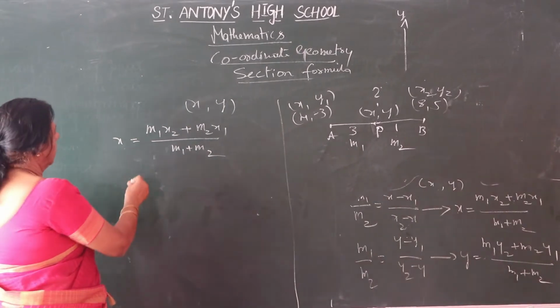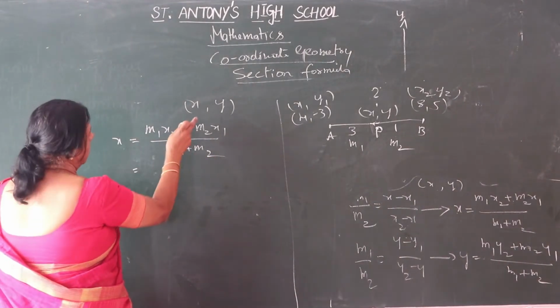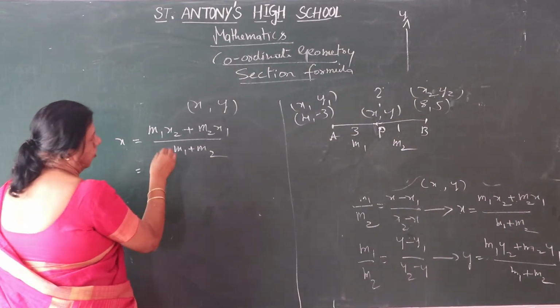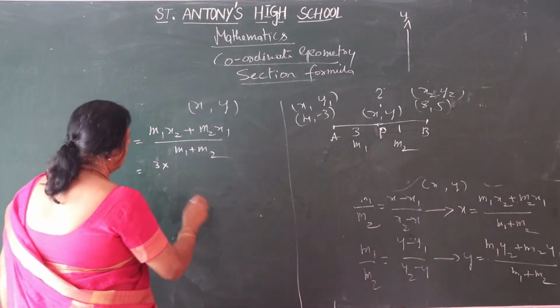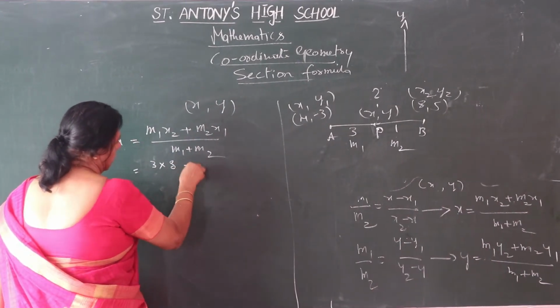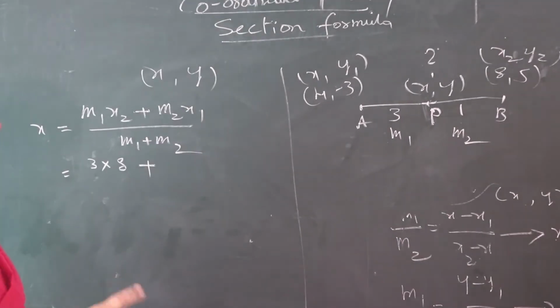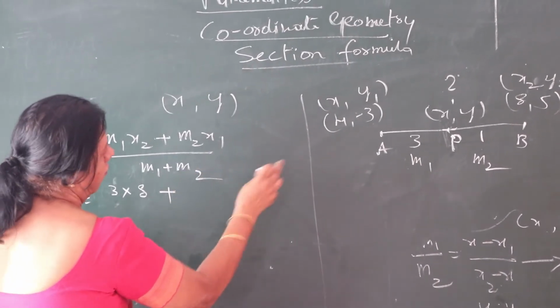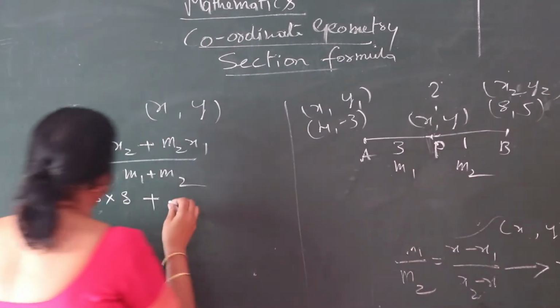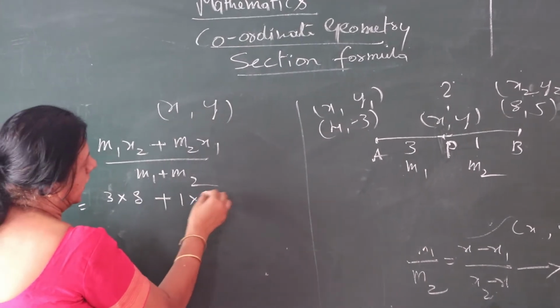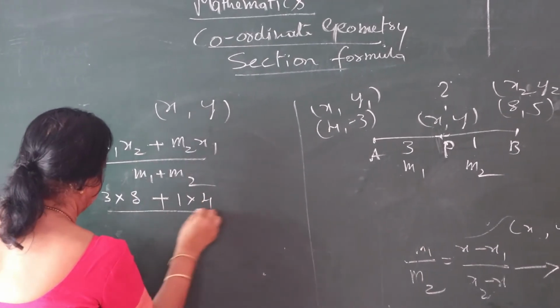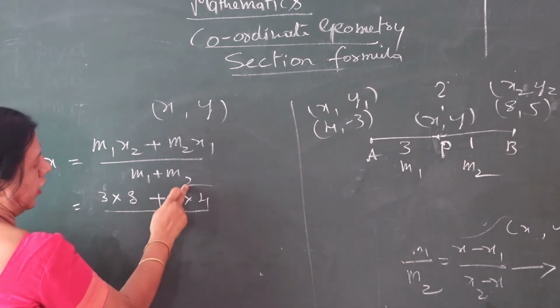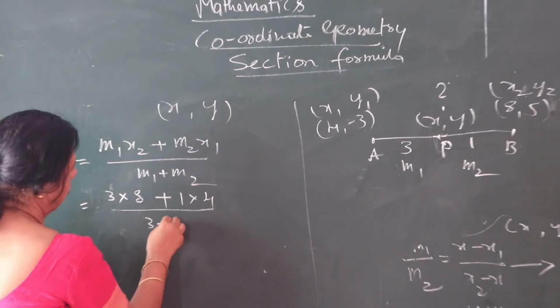Now substitute. What is m1? 3 into what is x2? 8, plus what is m2? Here only 1. 1 into what is x1? 4, by m1 plus m2, 3 plus 1.